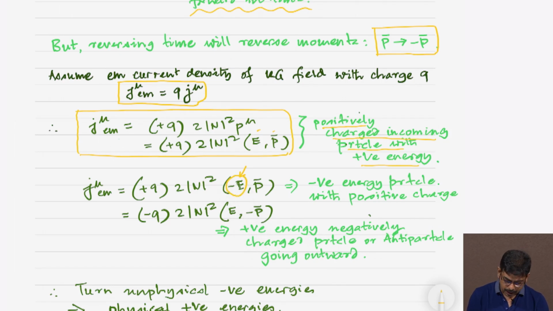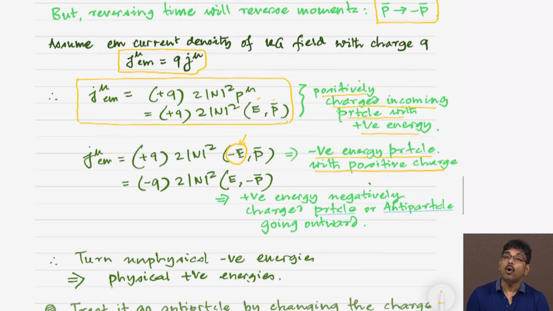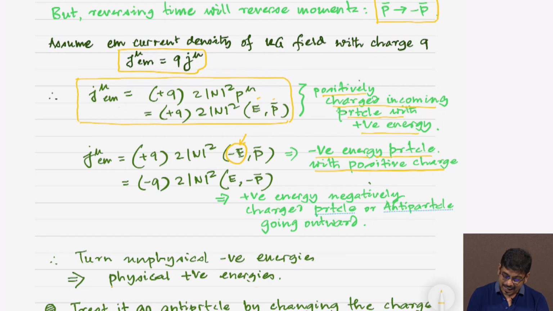So, the j^μ electromagnetic is, suppose, plus q 2|N|² times (minus E, p). This basically means that you have a negative energy incoming particle with positive charge, correct? Now, what instead I can do is take this minus sign out of here, put it rather on this charge q and make it minus q, and here in the 4-current I will have (E, minus p).